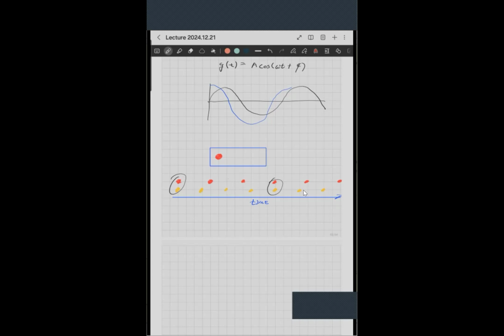It's as if the phase is changing between them. In reality, what's happening is that the blinkers on the different cars have slightly different frequencies.